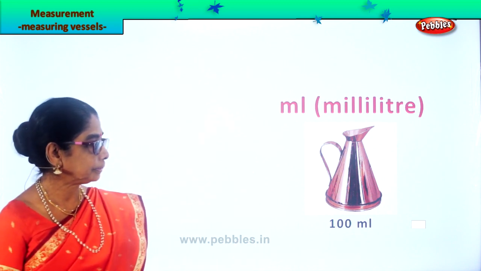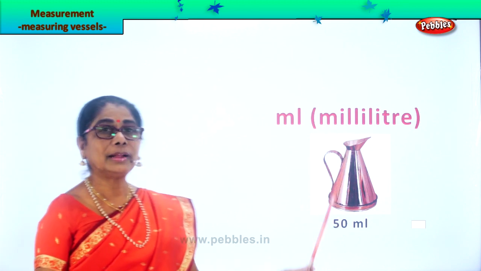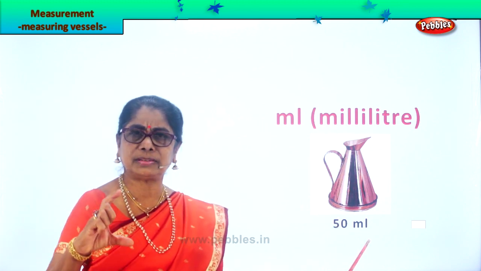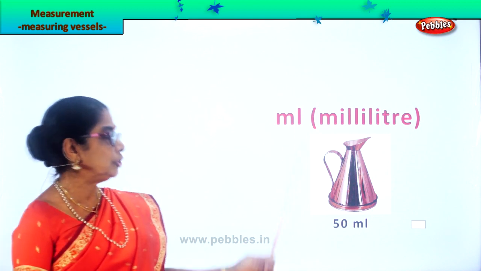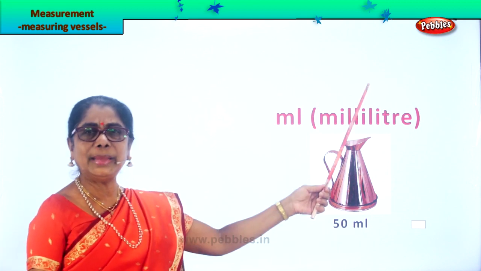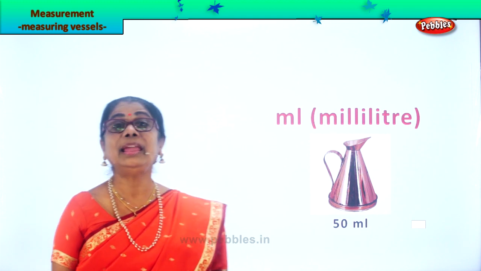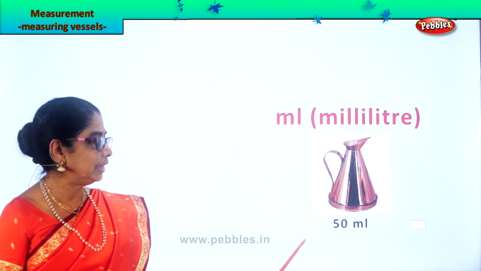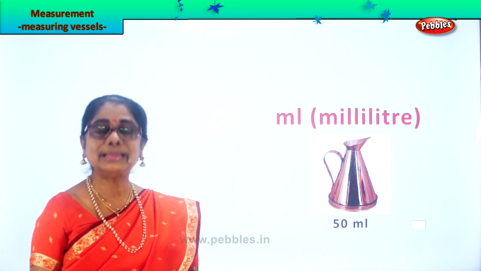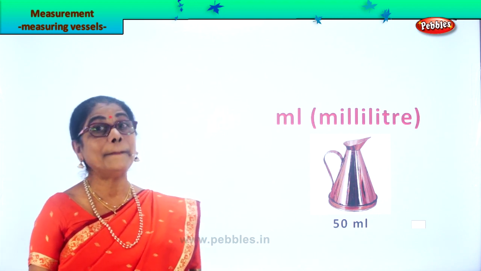Next. 50, this is the smallest can, the smallest vessel available to measure 50 milliliter of any liquid. 50 is the smallest. Yes? Good. 1 liter is the biggest.